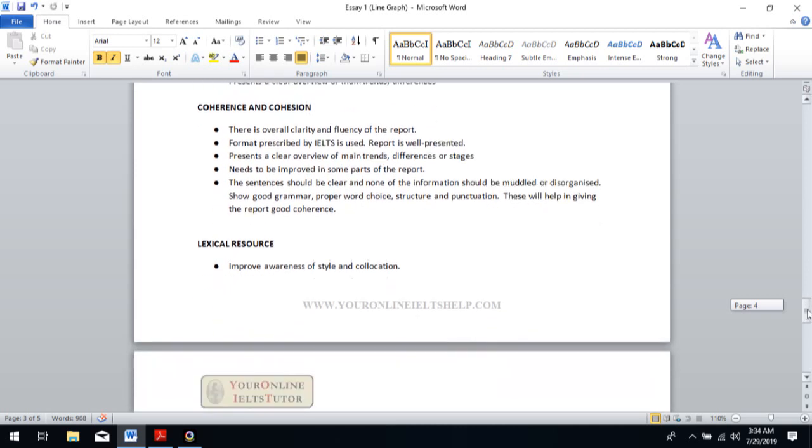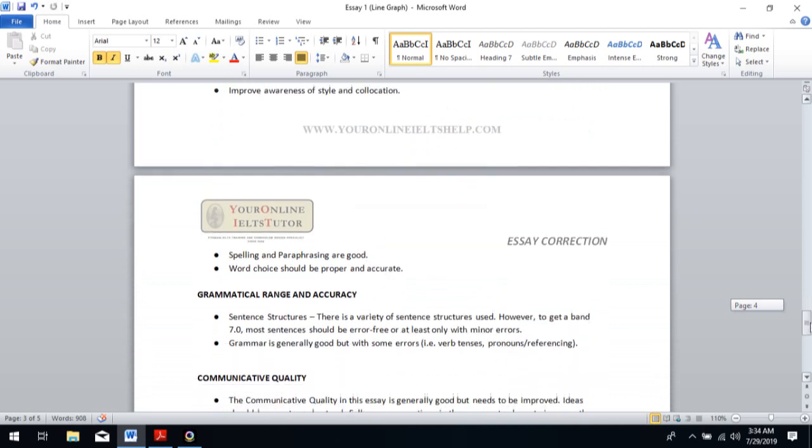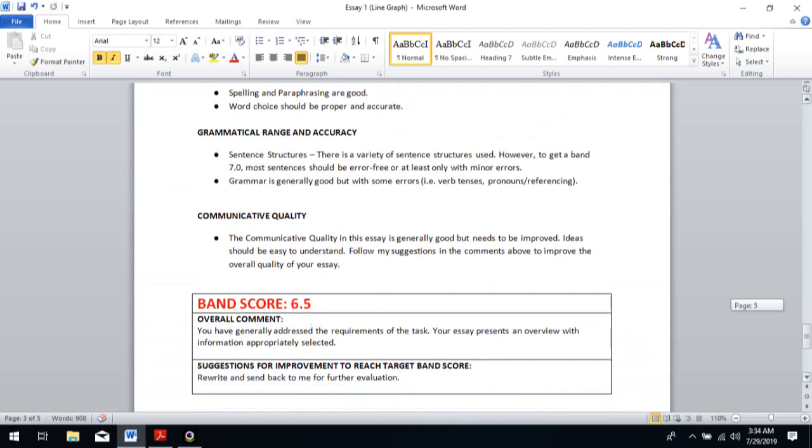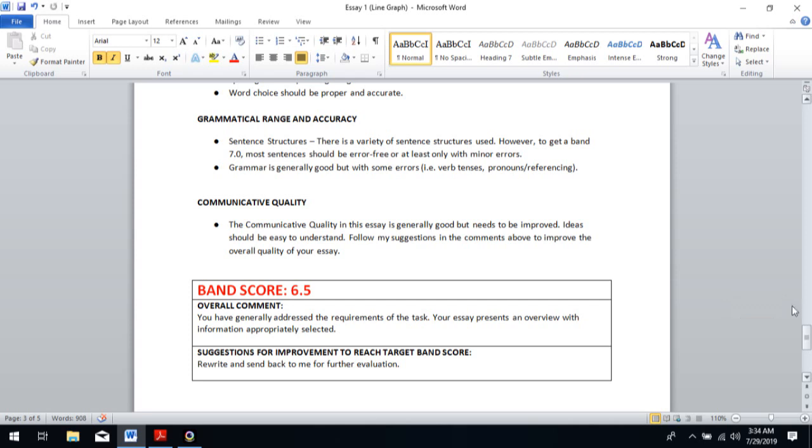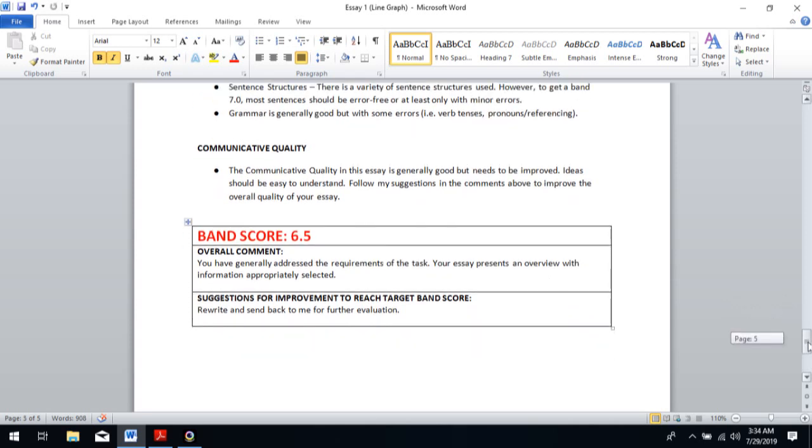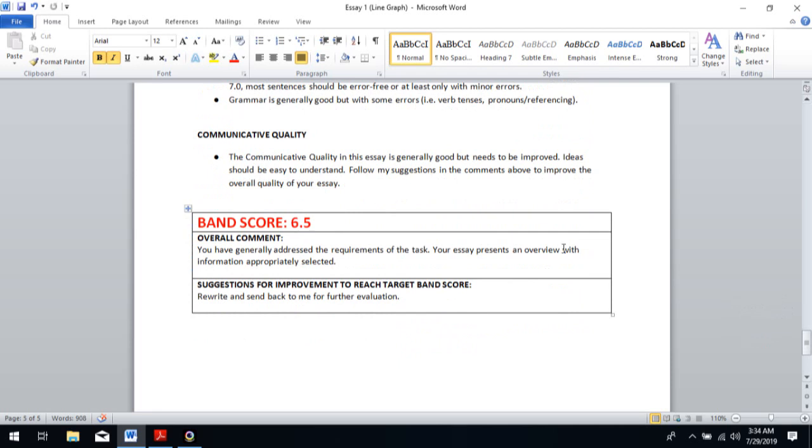So this essay is for me about a band 6.5. My overall comment is that the candidate has generally addressed the requirements of the task. Her essay presents an overview with information appropriately suggested.